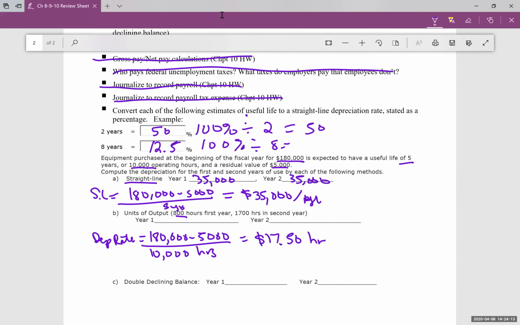Then you take the 800 and the 1700. So 800 hours times 17.50, the year 1 depreciation is going to be 14,000. And the year 2 depreciation, you take 1700 hours times 17.50, and the year 2 depreciation is 29,750.